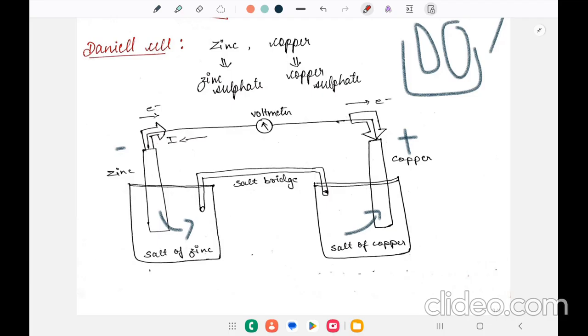So basically, the salt bridge added in this Daniell cell was a modification of the original galvanic cell, because the electricity flow stops after some time as the positive charge accumulates at the oxidation half cell and the negative charge at the reduction half cell, which balances the redox free energy and hence stops the redox reactions in our original galvanic cell.